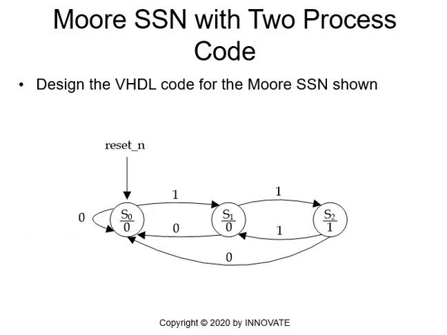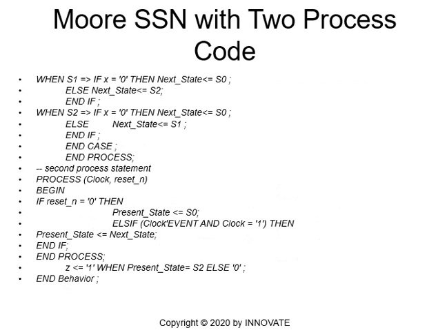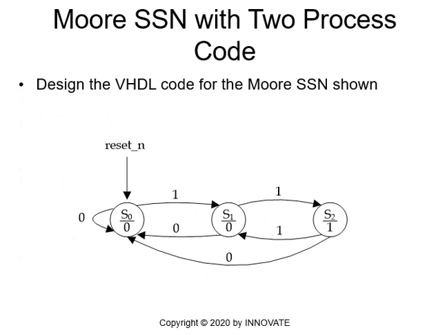And this is the end of the two process code for the Moore machine with an even number of consecutive ones. So we did this with one process code and with two process code, and again, you have the choice of choosing either one.